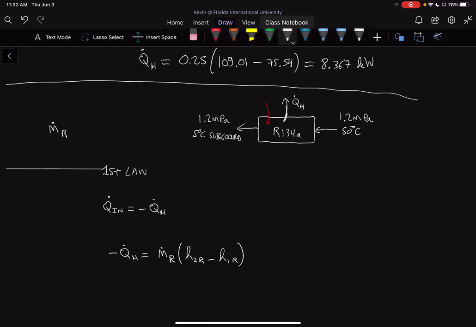And now that we have those two values, we just have to find h1 and h2. Once we have h1 and h2, we can find m dot R. We already have Q dot H.